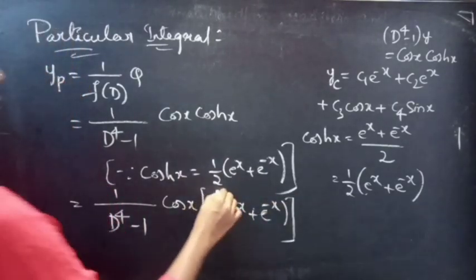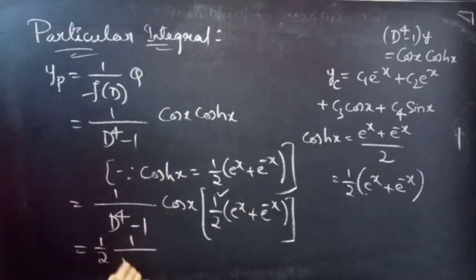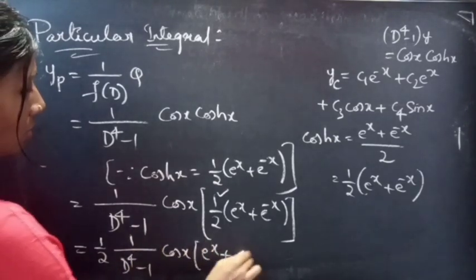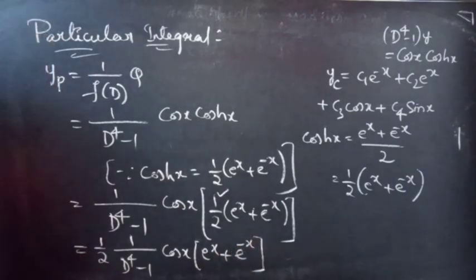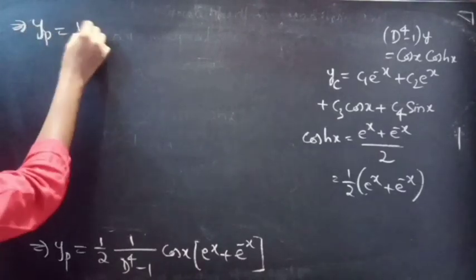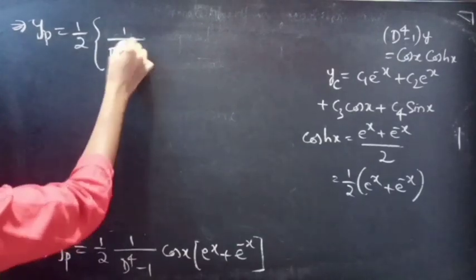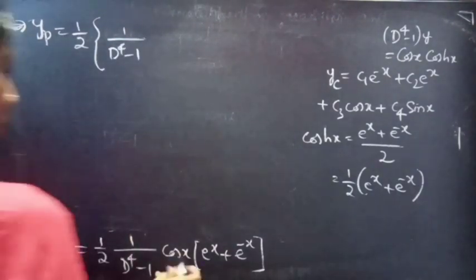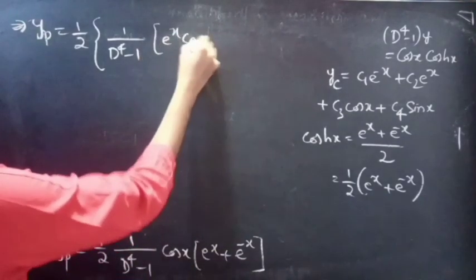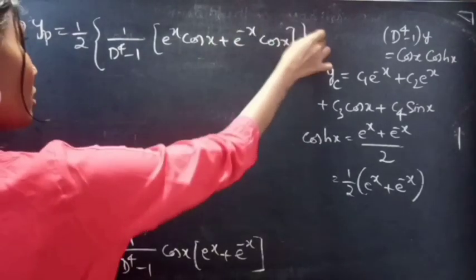Now let's take the constant 1 by 2 towards the left. We'll get 1 by 2 into 1 by d power 4 minus 1 cos x into e power x plus e power minus x. So yp becomes 1 by 2 into 1 by f of d into, just multiply these two terms with cos x, we'll get e power x cos x plus e power minus x cos x.